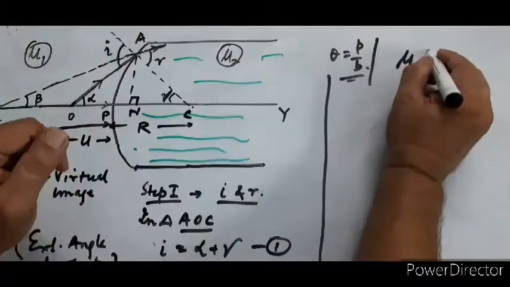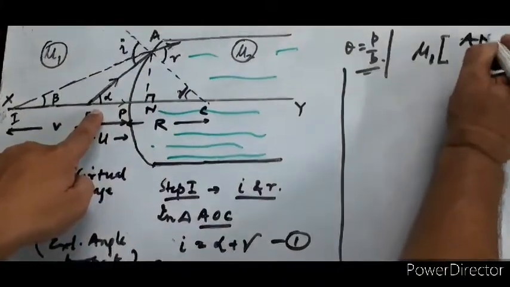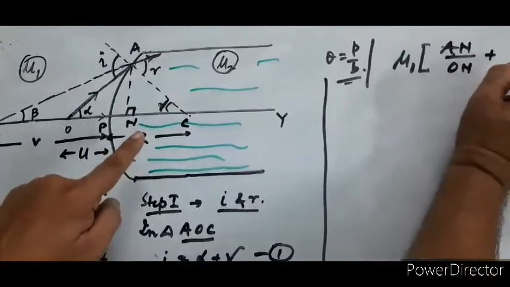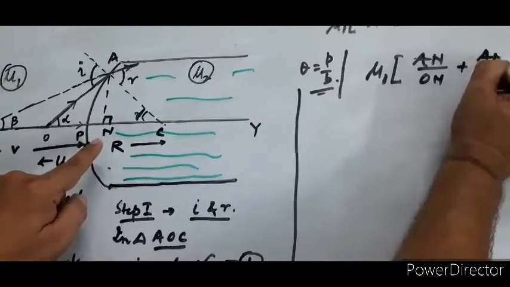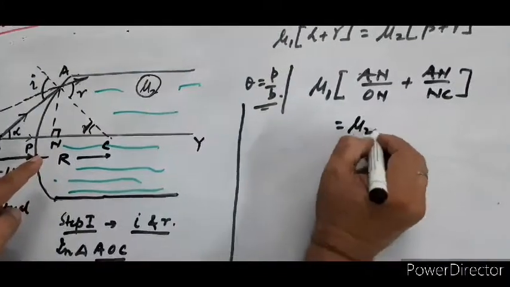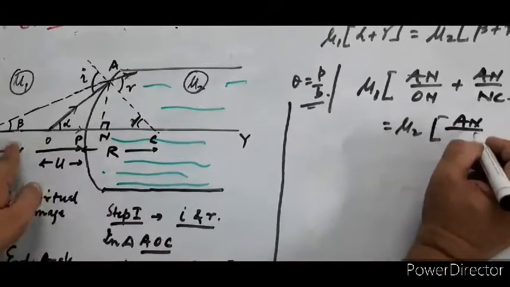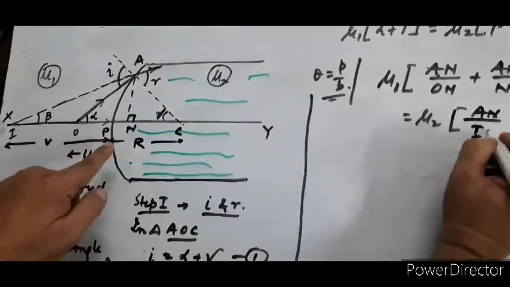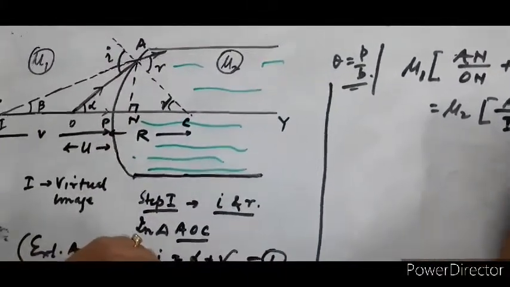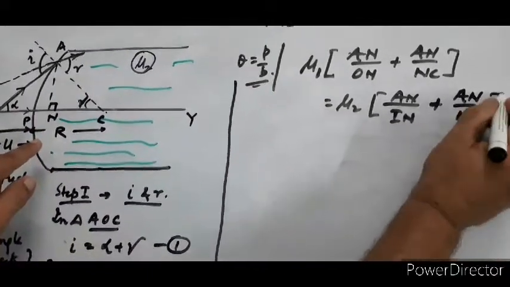So mu1 is equal to, in place of alpha, I am going to write AN by ON, plus in place of gamma I am writing AN by NC, is equal to mu2, in place of beta AN by IN, plus in place of gamma AN by NC.